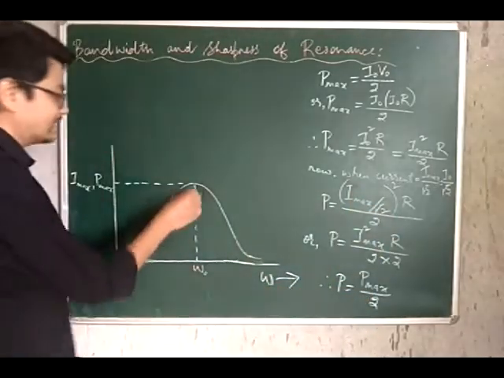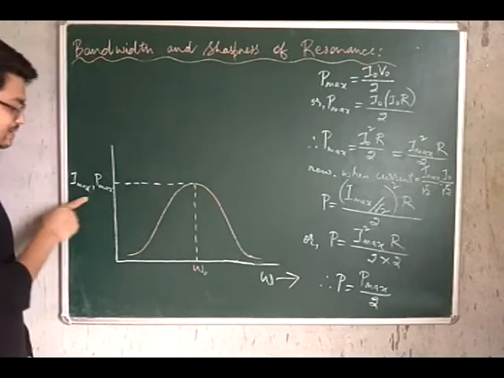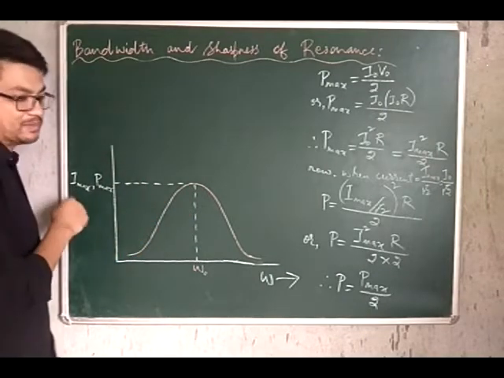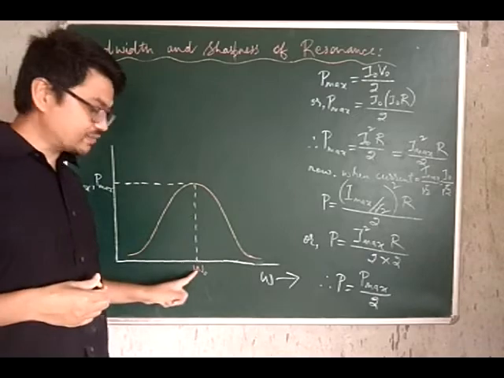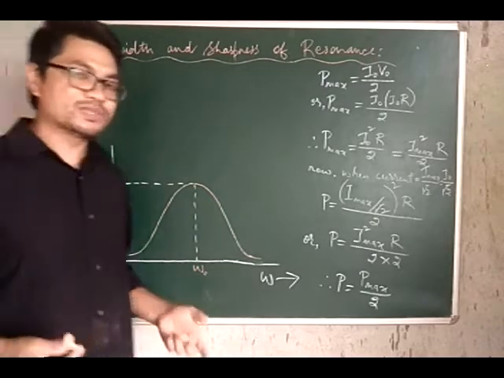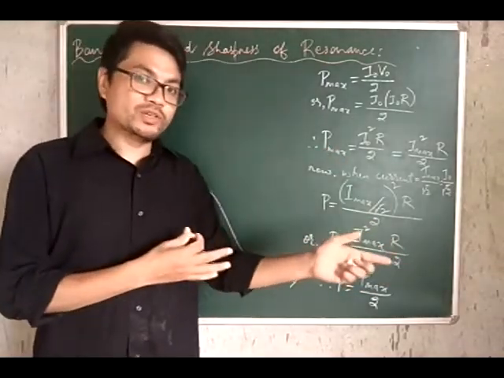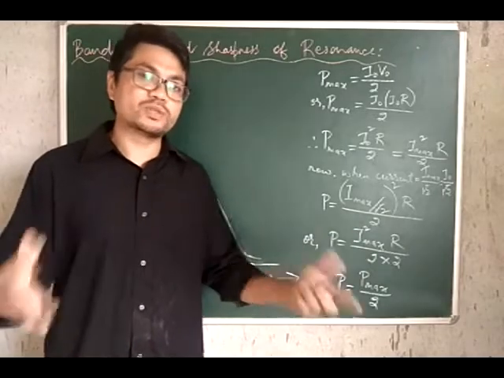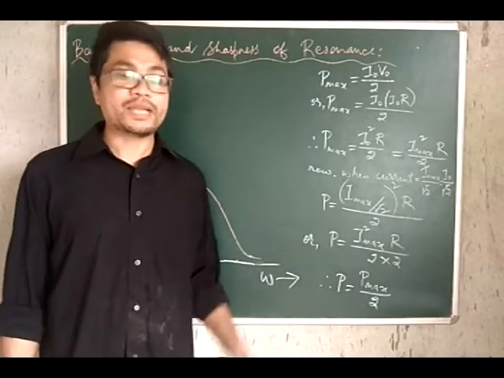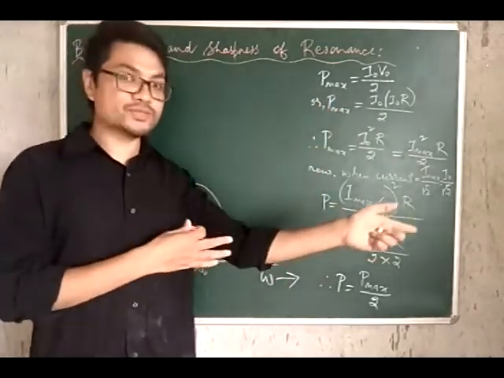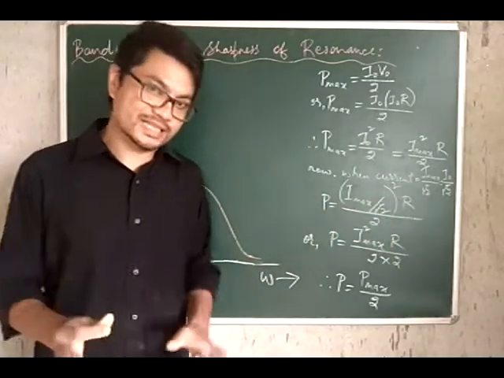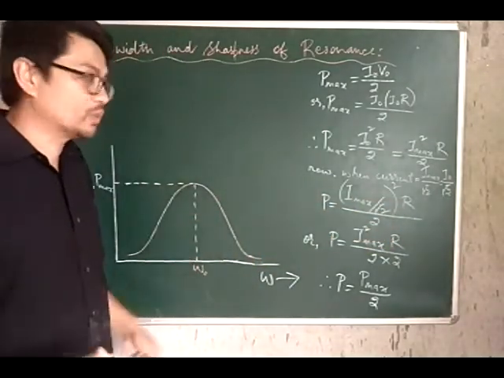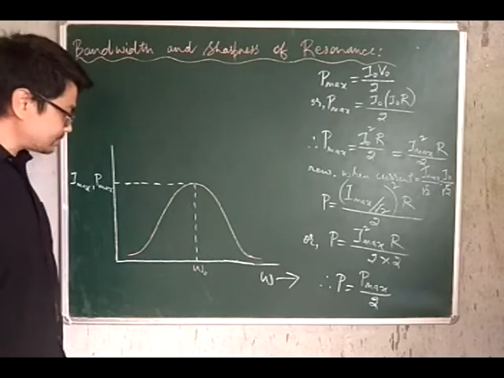Or you can also say this peak gives the value of the maximum current, because for the case of resonance, the impedance offered by the circuit is the least and is equal to the resistance of the circuit itself. And therefore, since the impedance of the circuit at resonance is least, maximum current will be flowing in the circuit.